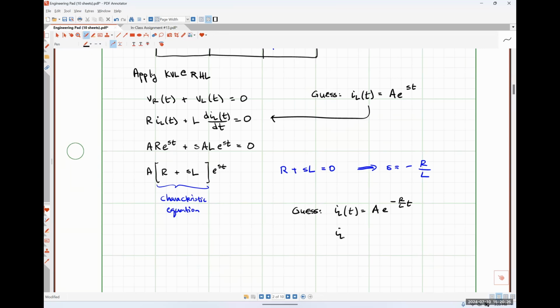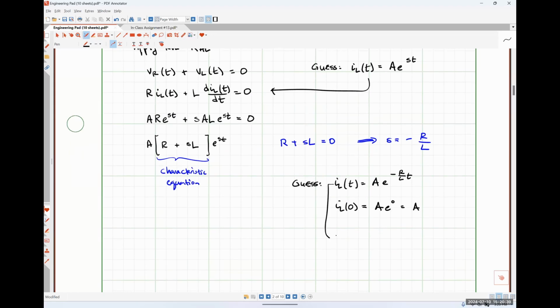We know that at t is equal to 0, we are just going to have A e to the 0, or A. So that means that our inductor current will generically be IL at 0 plus, since all of this derivation is for t greater than or equal to 0 plus, e to the negative R over L t.